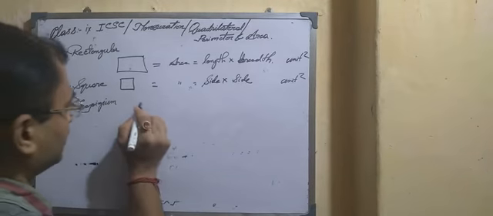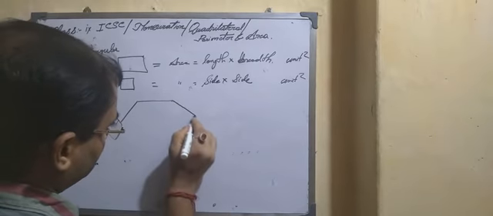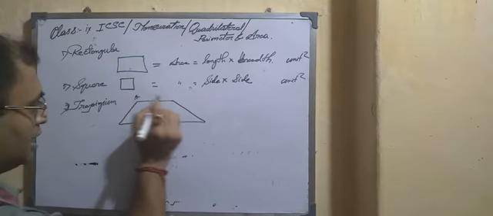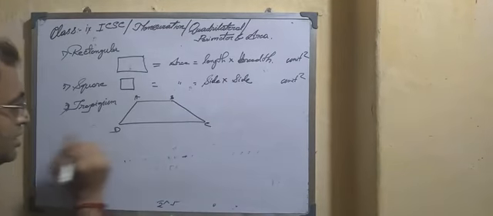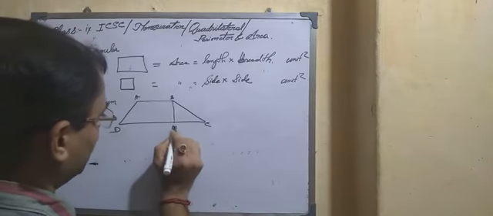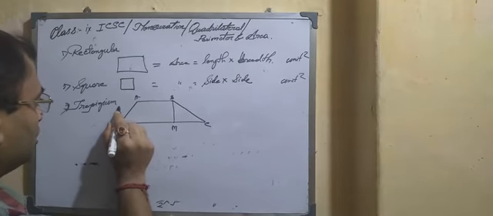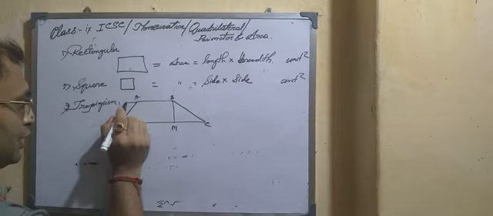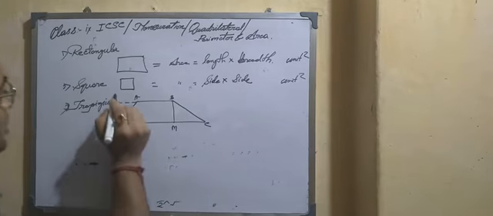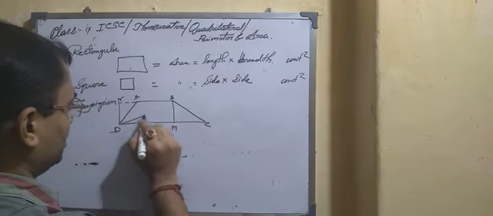Let's draw a trapezium. This is a trapezium ABCD. We draw a perpendicular on DC, that is M, and draw a perpendicular on the extended line of BA. Just join the diagonal.